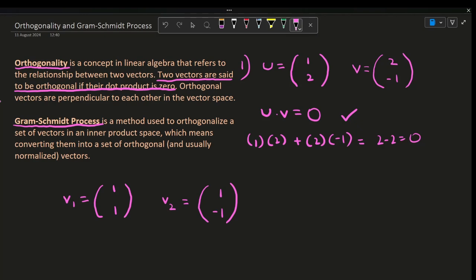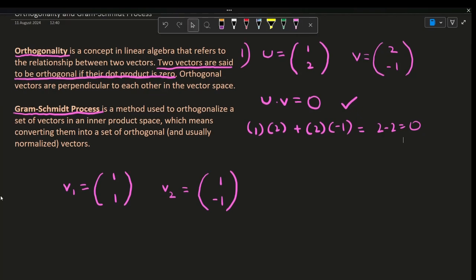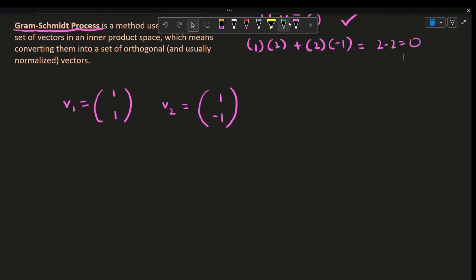Let's get started with the Gram-Schmidt process and see how we can orthogonalize two vectors. We have v1 and v2 right here. Let's first start with v1. Our goal is to make these two vectors, v1 and v2, orthogonal. So we can define v1 as u1, which is equal to 1, 1.